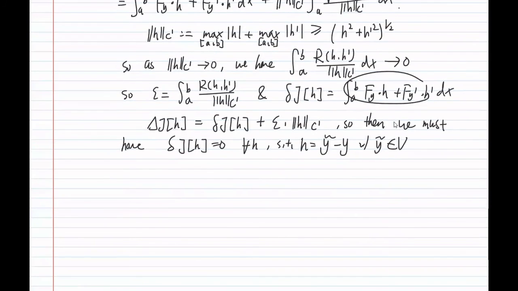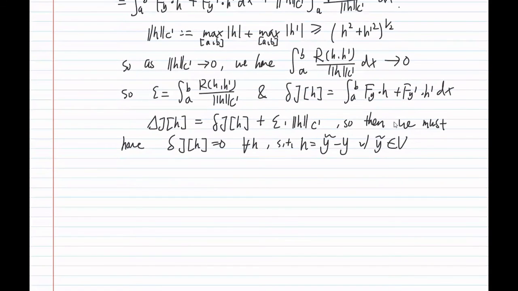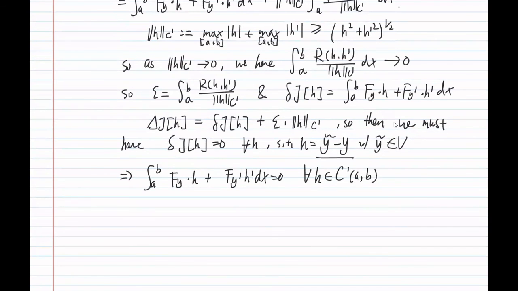That basically states that the integration from a to b of f_y times h plus f_y prime times h prime dx equals 0 for any h inside the space C1 on [a, b]. But h is a difference of y tilde and y, so that implies h(a) equals h(b) equals 0, right? Because y tilde and y have the same boundary values at capital A and capital B.